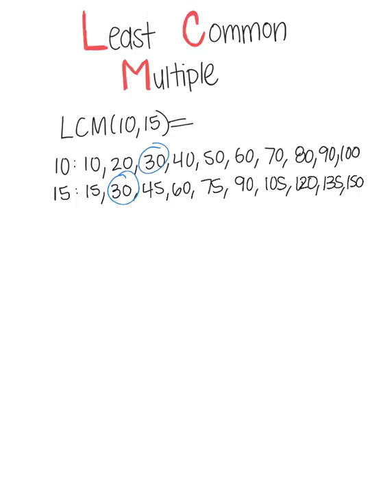I have 30 in both, 60 in both, 90 in both, and those are the ones I have in common so far. But I'm going to look for the least, the smallest one in common. So which one of these numbers that I circled is the smallest? 30. So the least common multiple of 10 and 15 is 30.